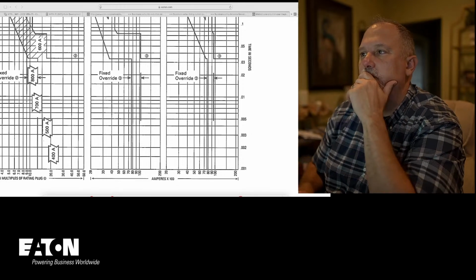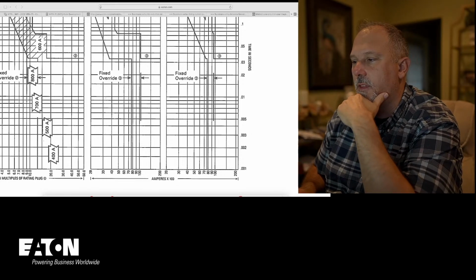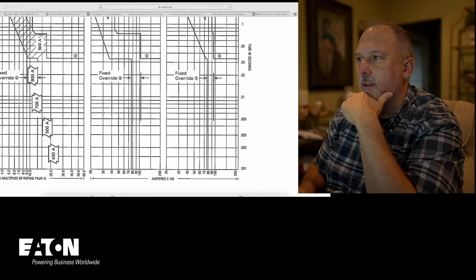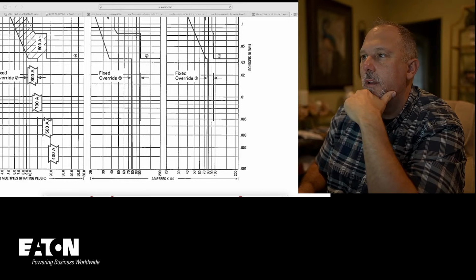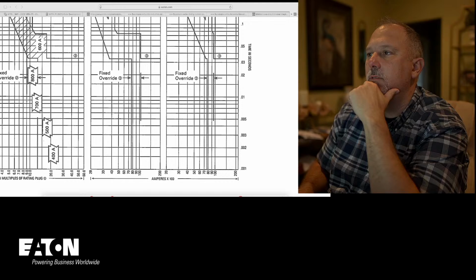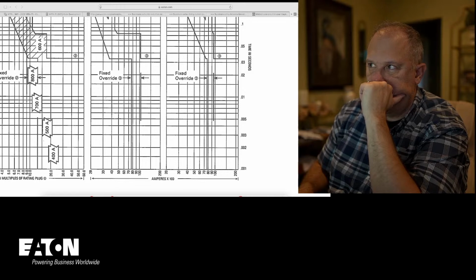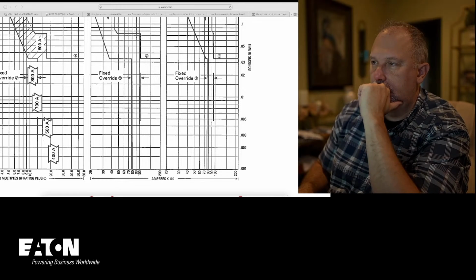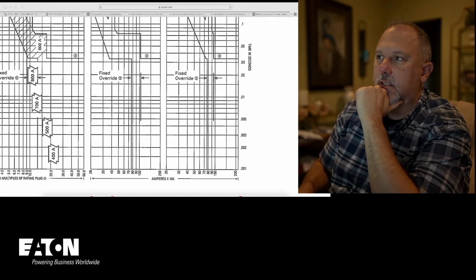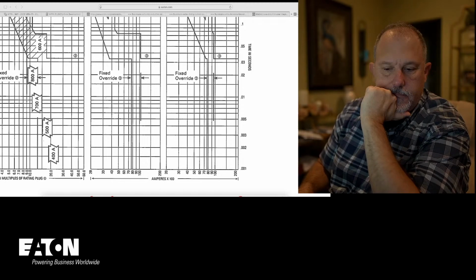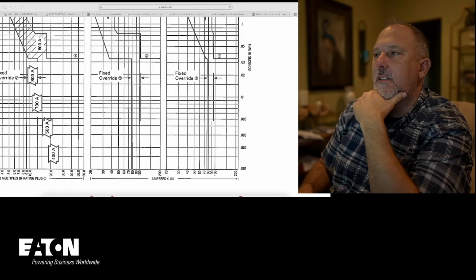So 3,430 is somewhere right in here. My clearing time would be around 0.4 seconds. So my clearing time is 0.4 seconds.